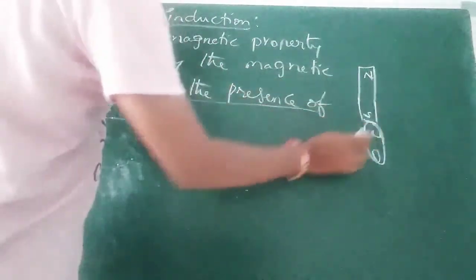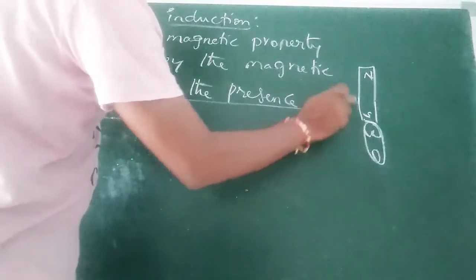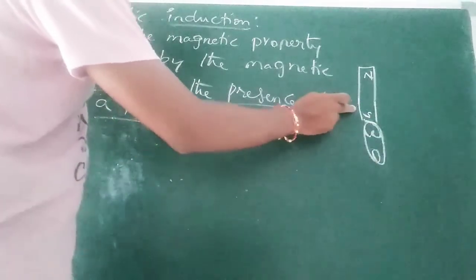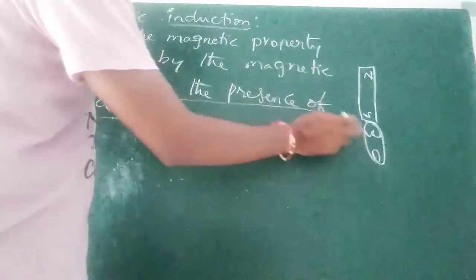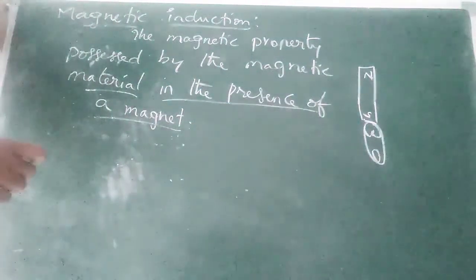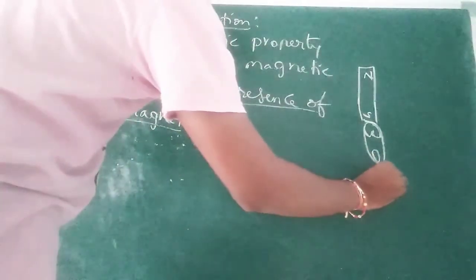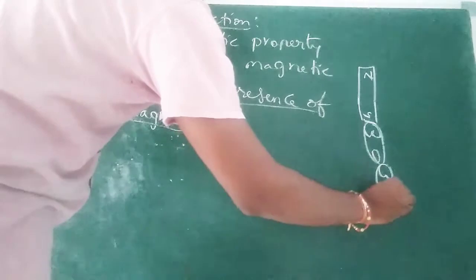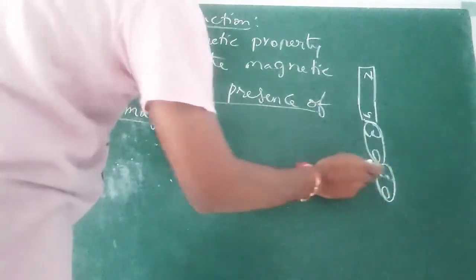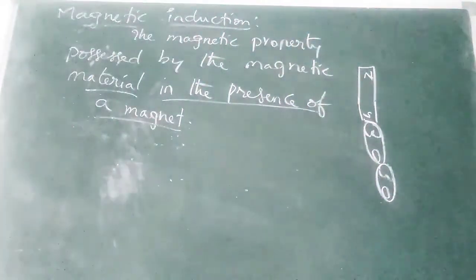What are the properties that the magnet contains? All those properties this magnetic material contains when in the presence of a magnet. Then it also attracts other magnetic materials. If we keep another safety pin here, it attracts to that magnetic material.